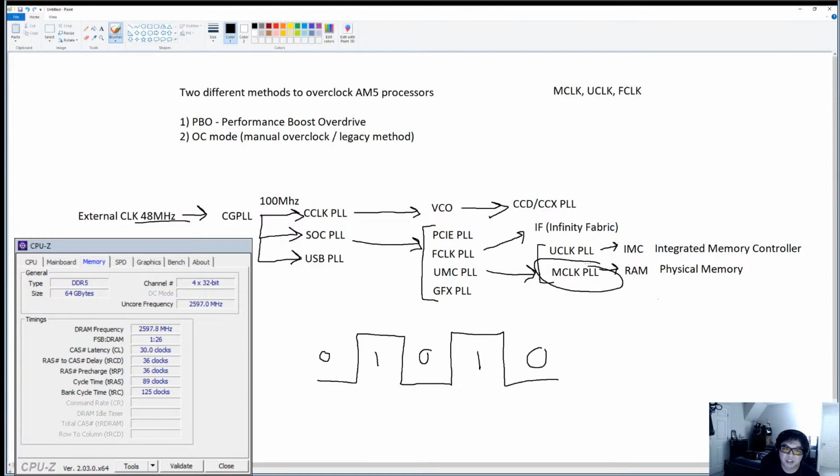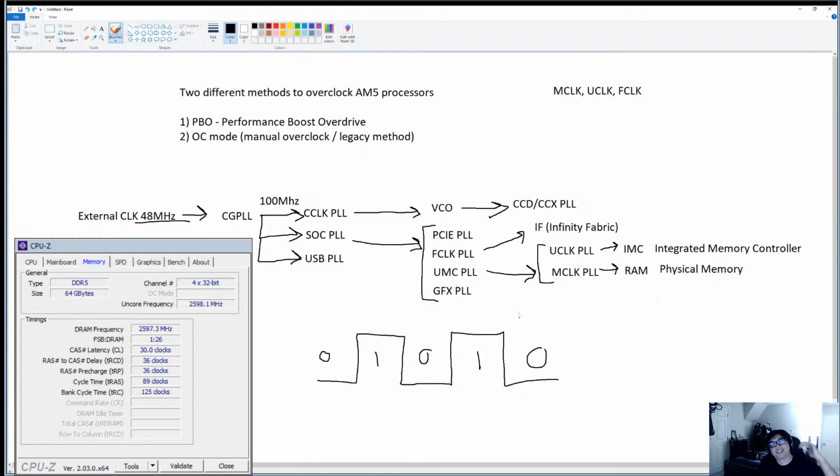The mem clock is telling the RAM, whether it's Corsair Vengeance or Dominator, G-Skill Flare X, Trident Neo, T-Force Vulcan, whatever you use, what to run at from the mem clock PLL. There are so many different ones.